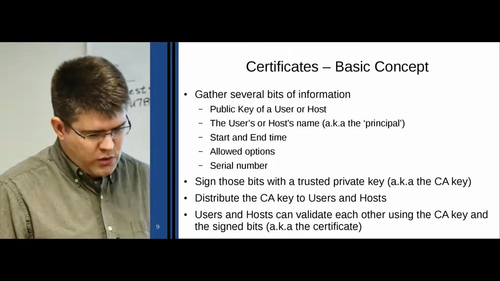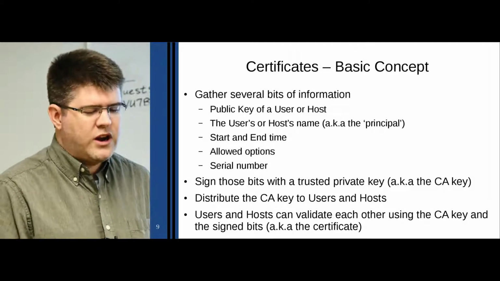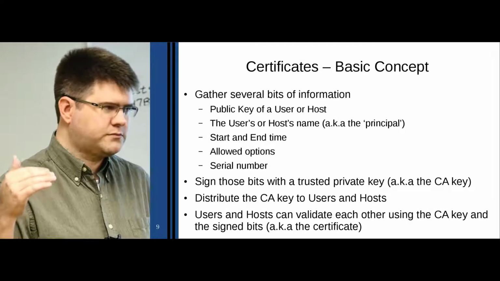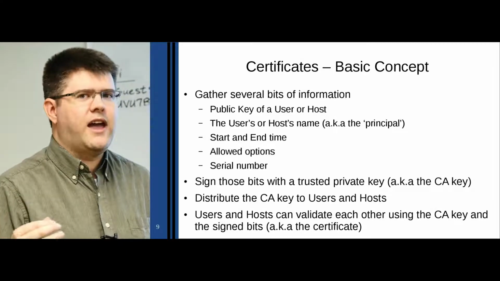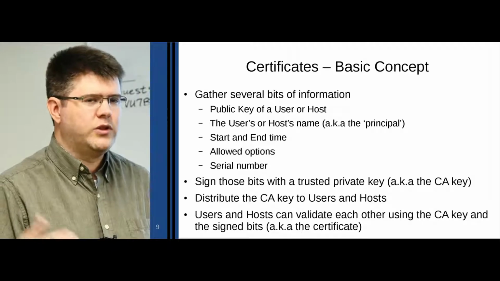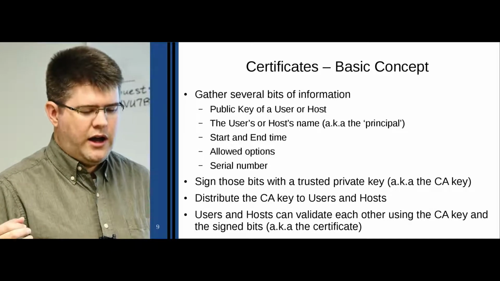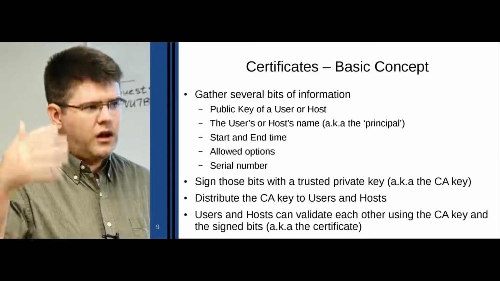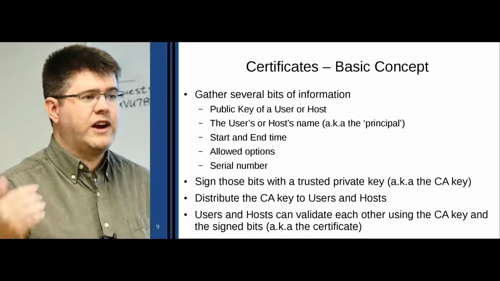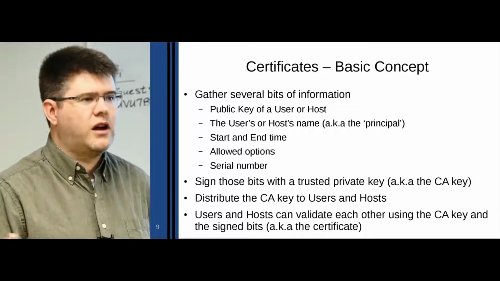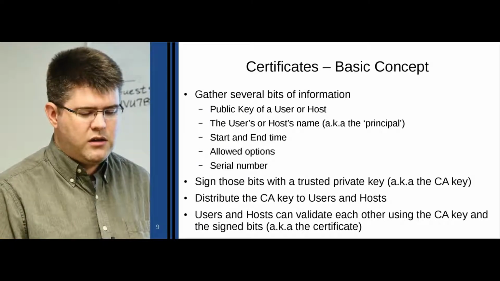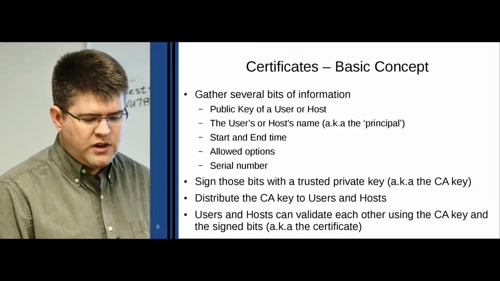We'll gather up a few other things, and then we're going to take all those bits of information and sign them with an SSH key pair, with the private key of a key pair. That means the contents can be verified, that it hasn't changed, and that it is actually signed by the CA in the future.